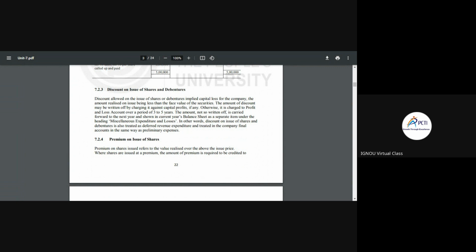The amount realized on issue will be less than the face value of the security. Meaning if the face value of a particular security is rupees 10 and you give a discount of rupee 1, then the realized value will be 9. So both values are different if you are giving a discount.